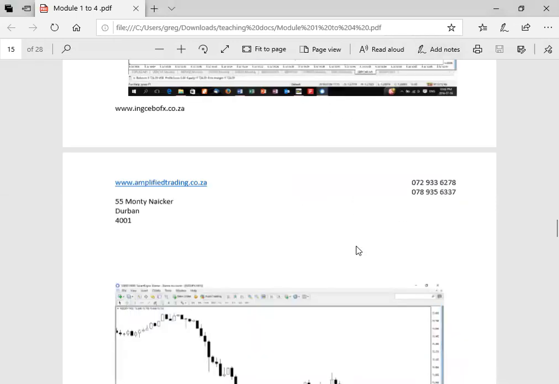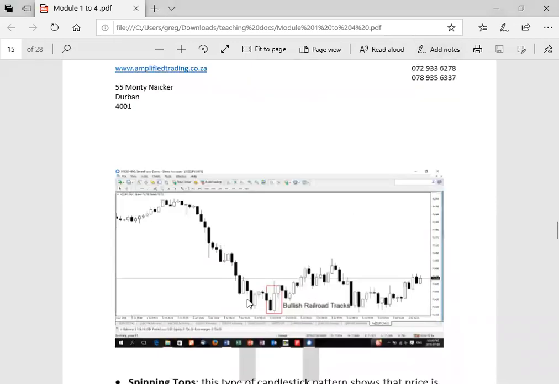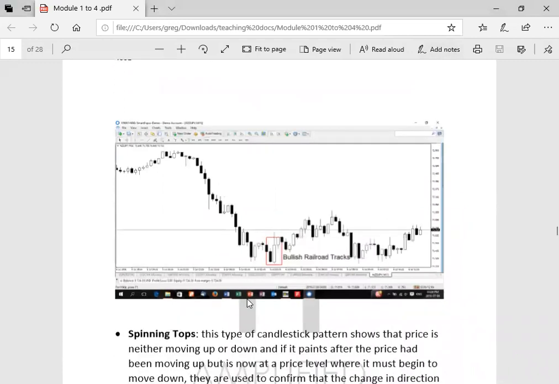Now, that is a bearish one, and this would be an example of a bullish one. Okay, the market drops aggressively to the downside, right? You can see that the market has been in a decline and drops down, and the bullish candle, which forms the bullish railroad track, bullish candle meaning up candle, the green candle, closes above the high of the previous down candle.